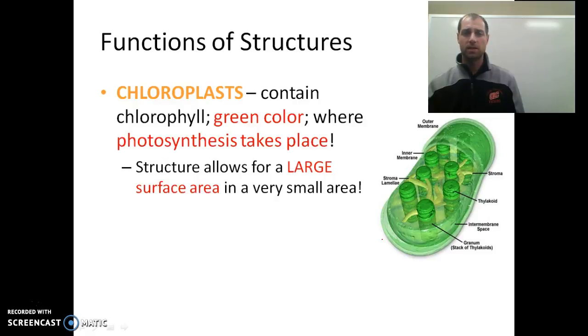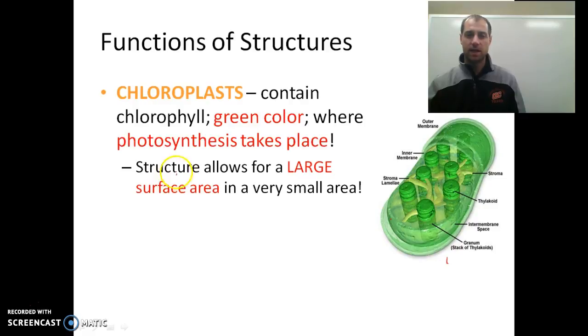Within the chloroplasts, we have lots of these stacks here, and the stacks are called granum or grana. Those granum are stacks of thylakoids, and those thylakoids are these green pancake-looking objects. The stacks allow for a really large surface area in a very small place so that we can go through photosynthesis much more, because we need membranes to go through photosynthesis.